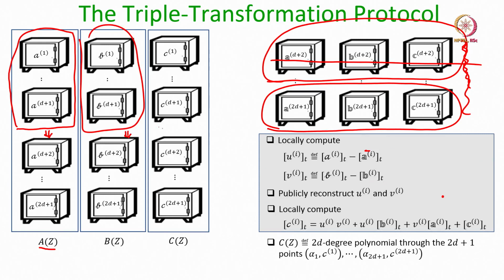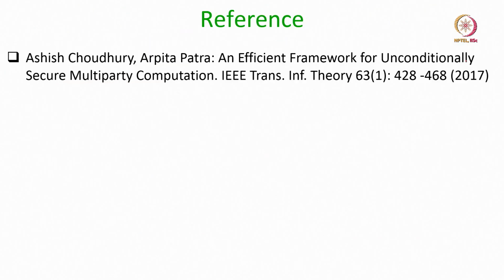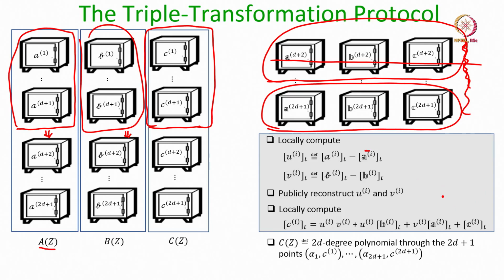For the C polynomial, half of the points, in fact more than half of the points are fixed, and then the remaining points are computed interactively by applying the Beaver's method using the last d number of secret shared input triplets as the auxiliary triplets. Okay. So, that is the triple transformation process.